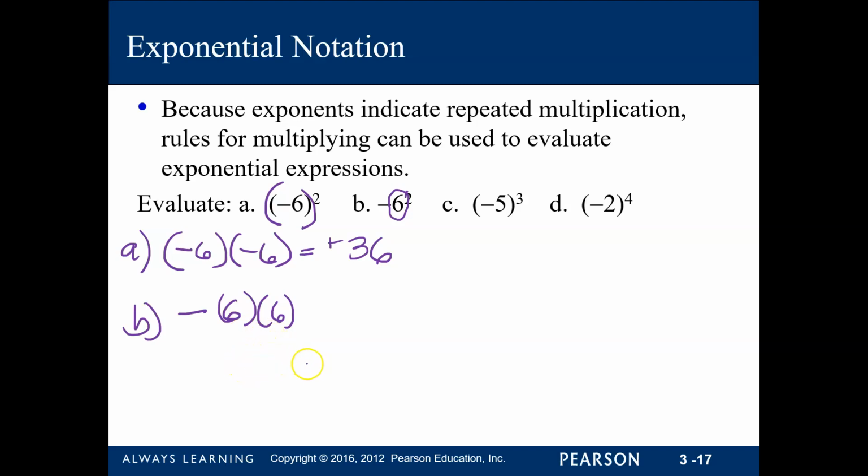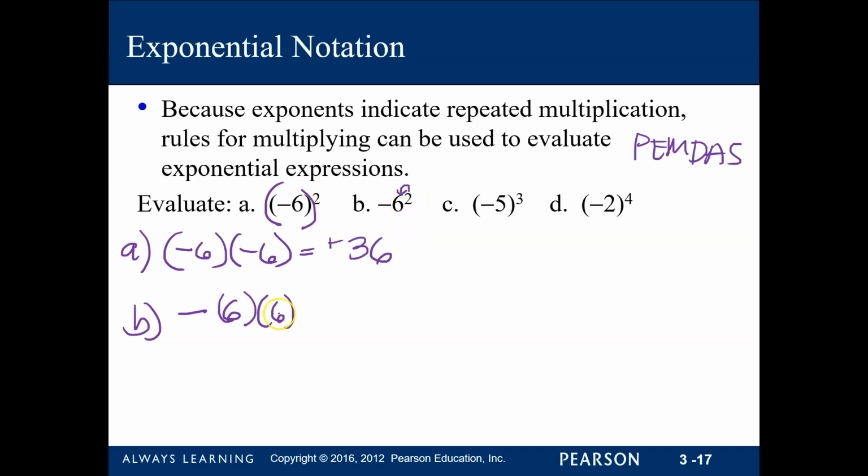If you remember from PEMDAS, let's take a look at letter B. We do not have a parenthesis. Do we have an exponent? Yes. So we evaluate the exponent first, and our exponent applies directly just to 6.